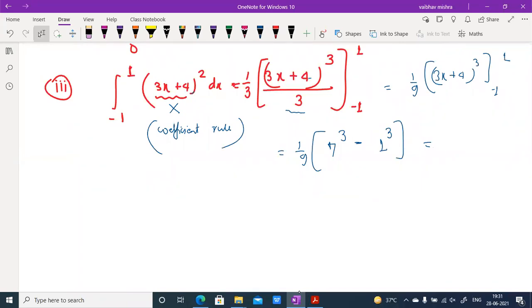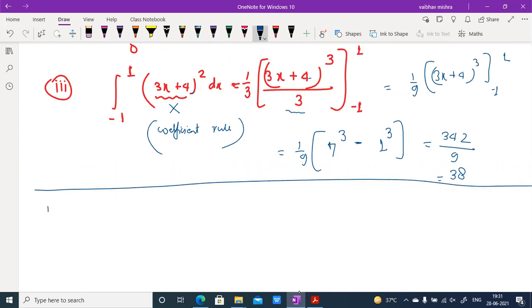So 7 cube is 343 minus 1, that becomes 342 by 9, and which is 38. Yes. Sia, understood? Yes, sir.